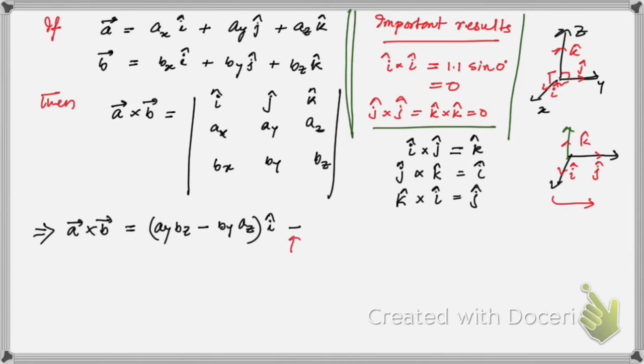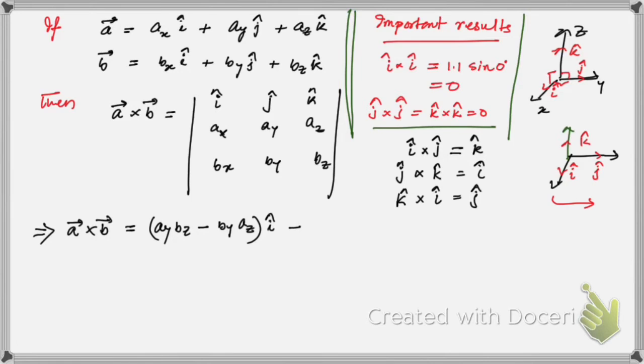Then j cap, in order to find the j cap, what we need to do is multiply ax bz, then bx az. So hope you know this. So if you don't know, just concentrate. Okay, I'm not going to explain the same thing again, because you must have learned in senior secondary level how to evaluate determinants.